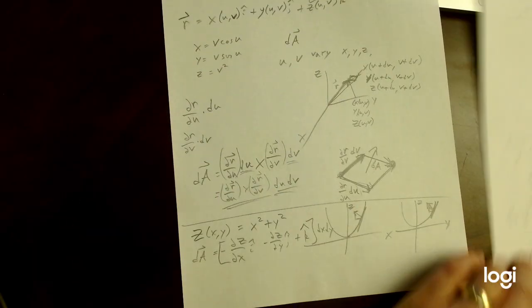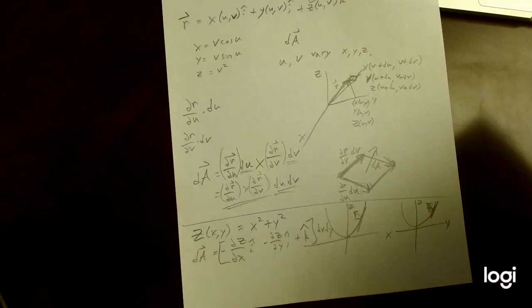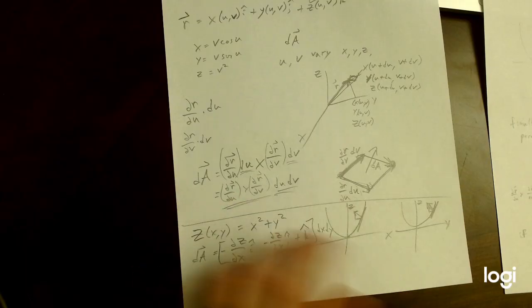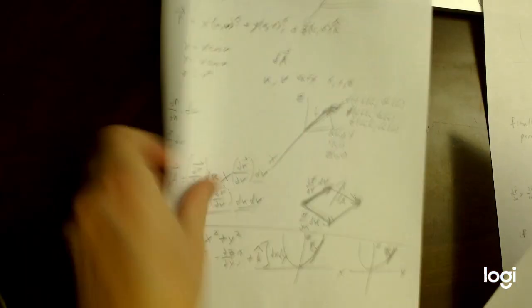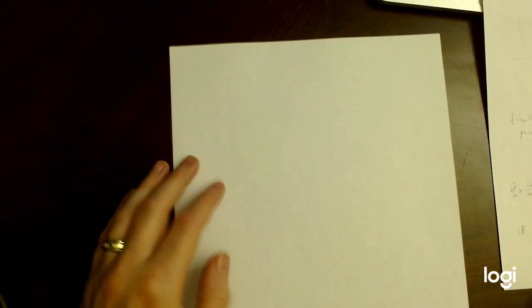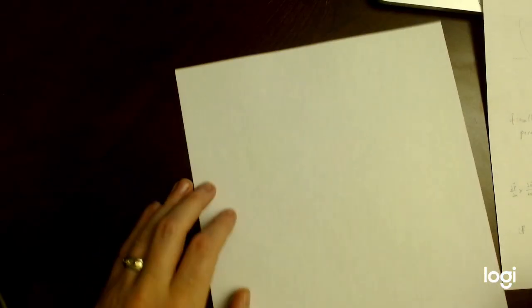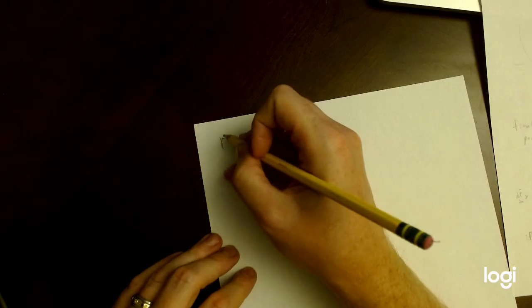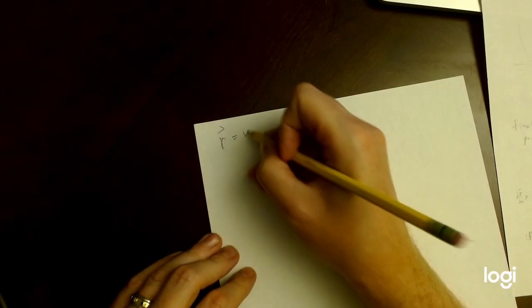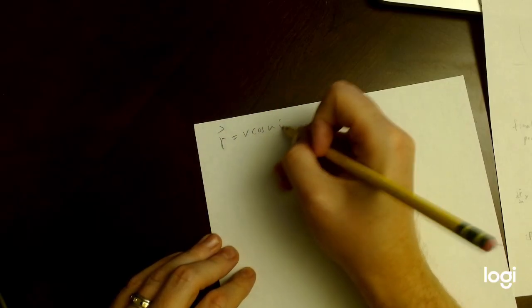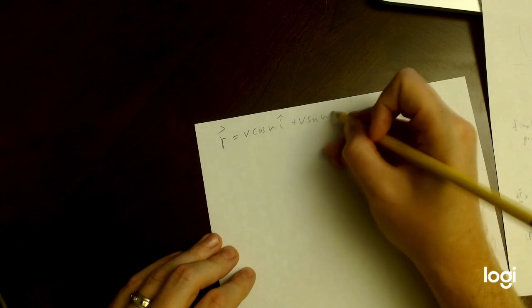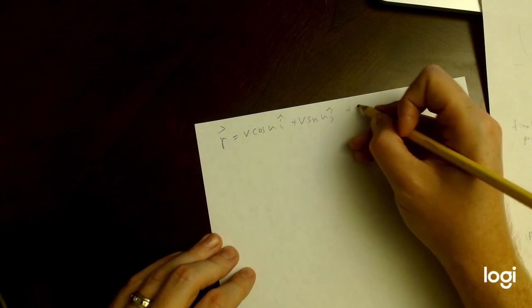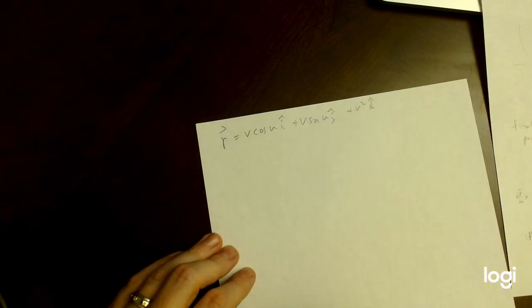It is a challenge. I wanted to do one quick example here before we end today. And I know this has gone long, but let's do this one parametrically with that same surface we were talking about, with r equals v cosine u i hat plus v sine u j hat plus v squared k hat.